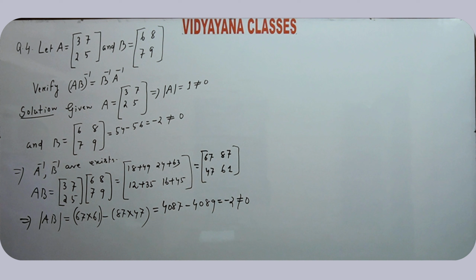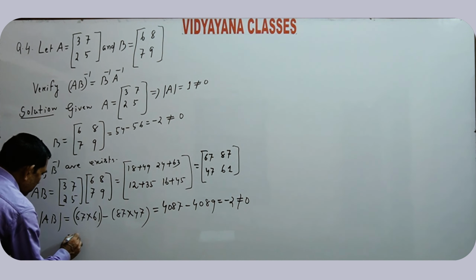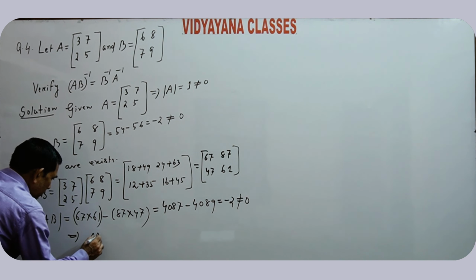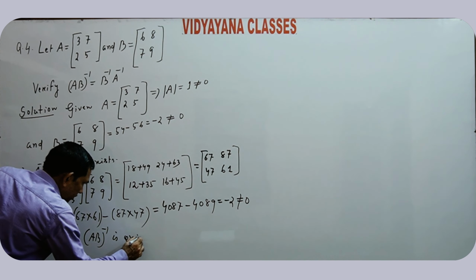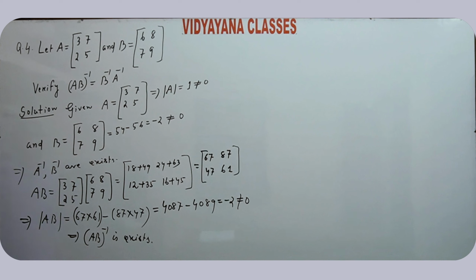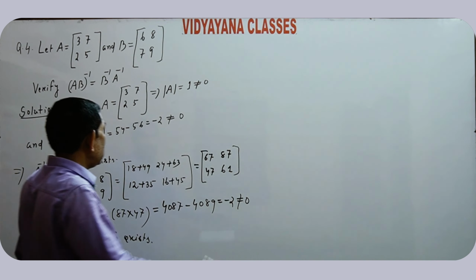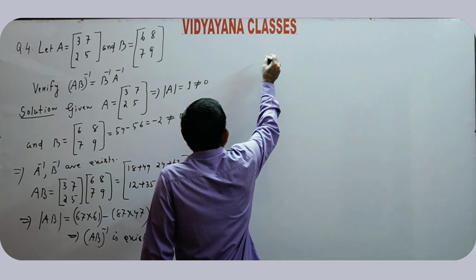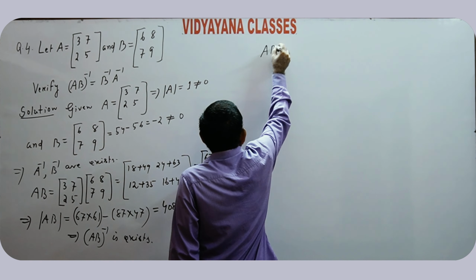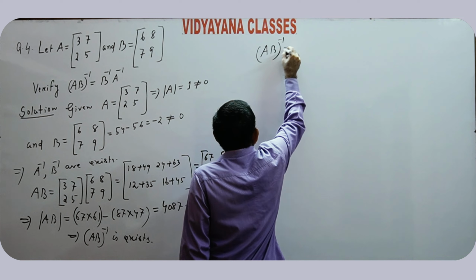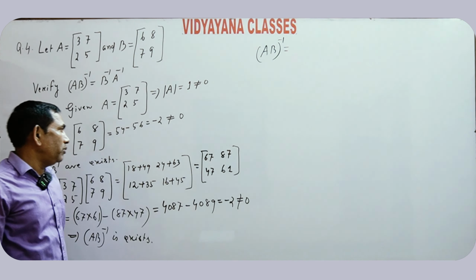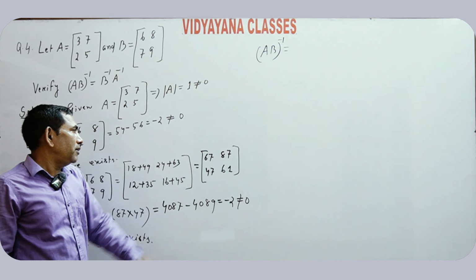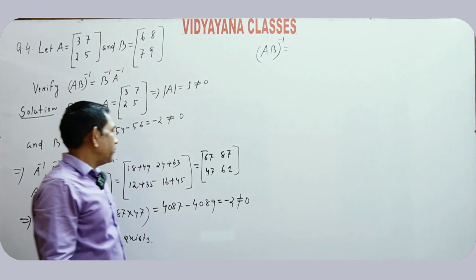Determinant of AB not equal to 0 implies (AB) inverse exists. AB is a square matrix of order 2, so we can find the inverse by the direct method.